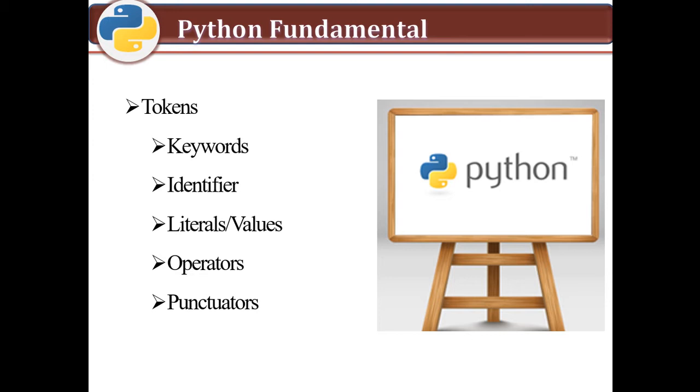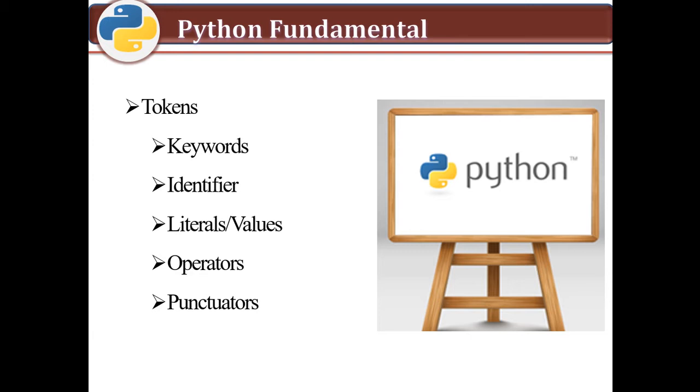Some examples of Python keywords are False, None, True, and, or, not, if, del, break, class, continue, def. So these are all words having special meanings in the Python programming language, and we are not able to use them for naming other elements in a program.